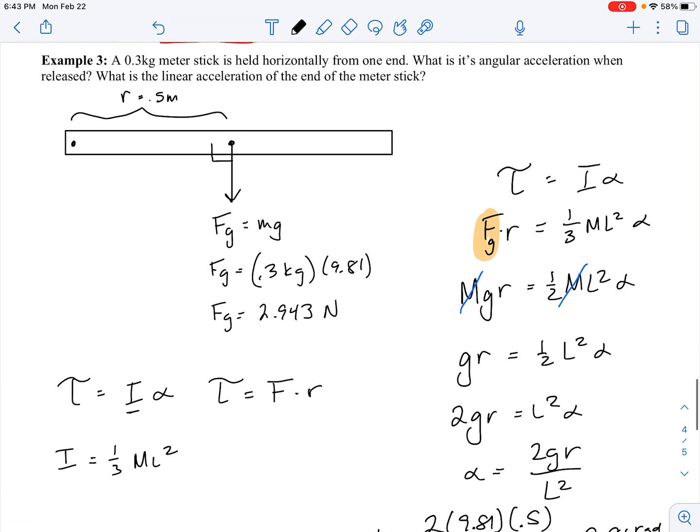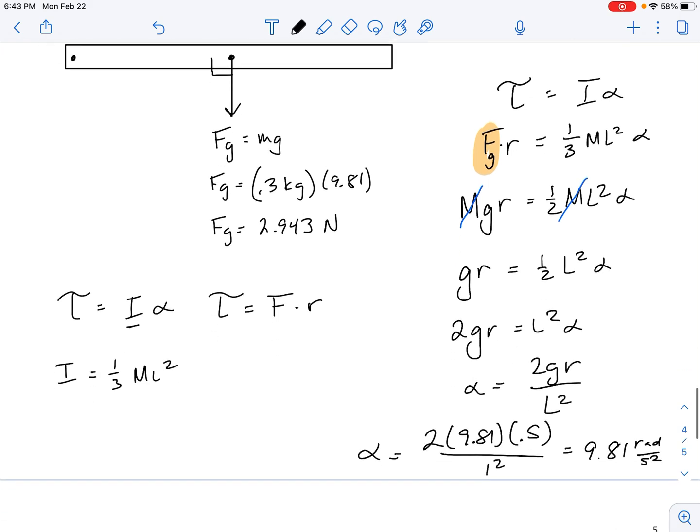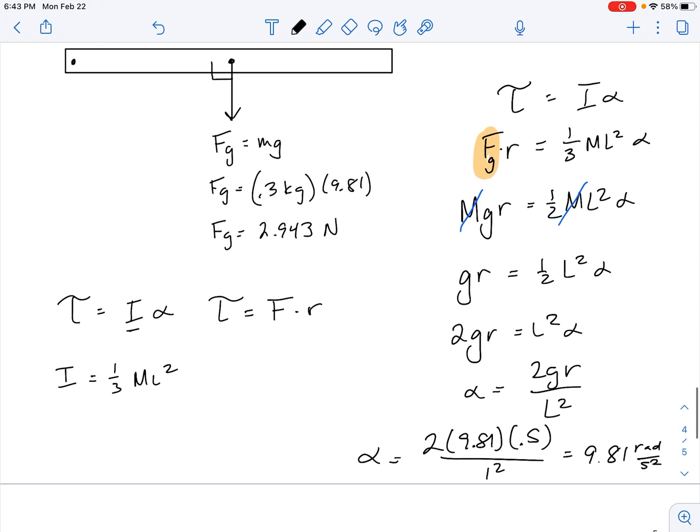The question is, what is the acceleration of the end of the meter stick? Oh, I made a mistake here. Oh, why didn't you guys stop me? I knew something was wrong. This is supposed to be a 1/3. My bad. Sorry about that. Did I make you nervous? There we go.